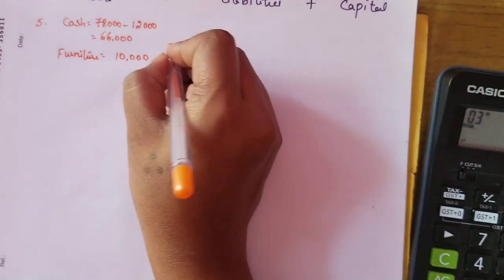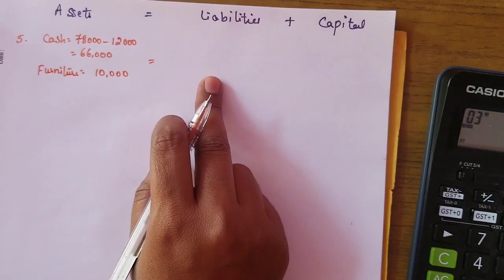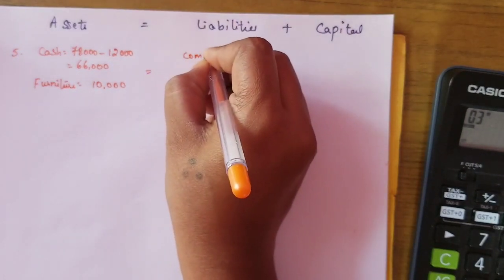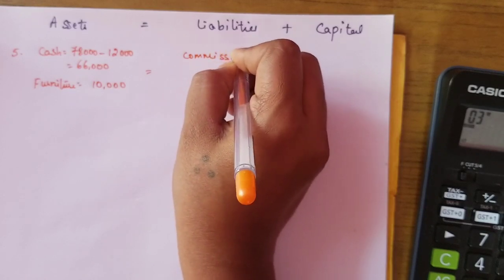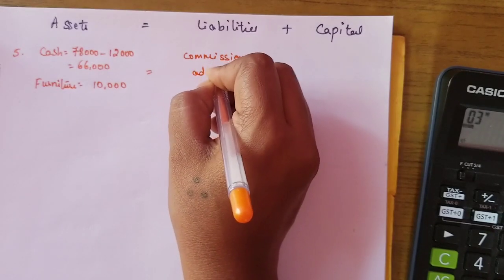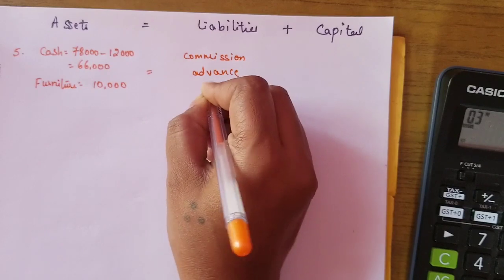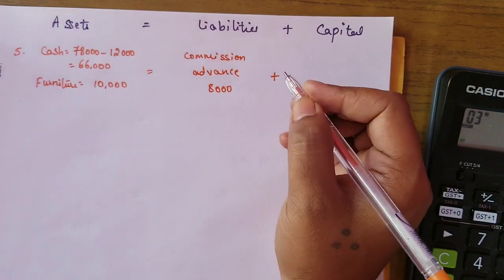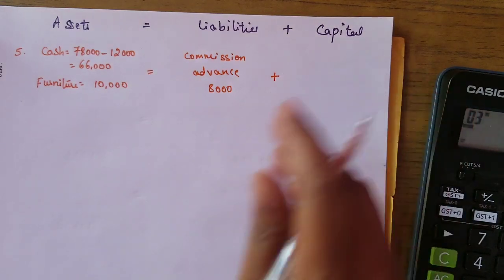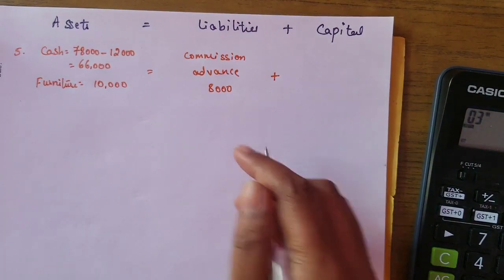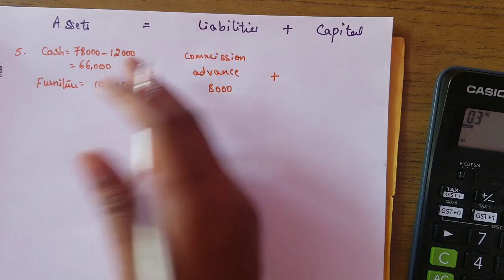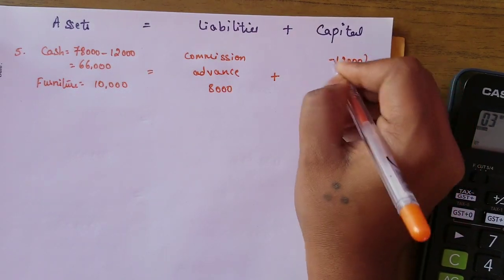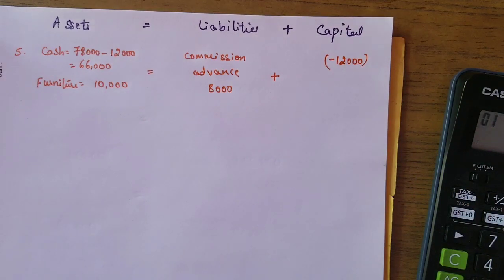Okay, now coming to the liabilities, we have commission received in advance, carried forward, it will be there as long as it is not cleared. So 8,000 I am writing as it is, plus we have 80,000 of capital from the previous transaction. Now since we are paying the rent, that is an expense, this 12,000 should be deducted out of 80,000.